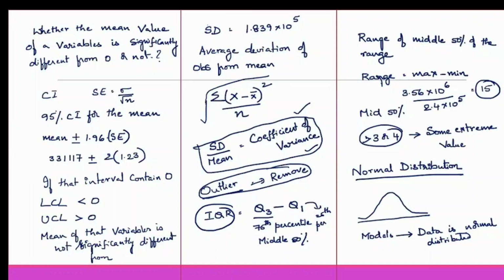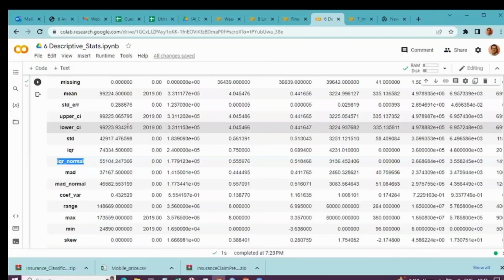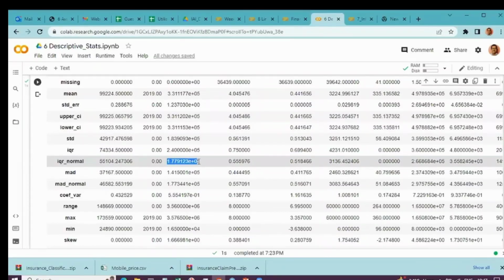That is the reason why all these descriptive statistics also give that kind of a value. If this data would have been normally distributed, the IQR, the interquartile range, would have been 1.77 into 10 to the power of 5.